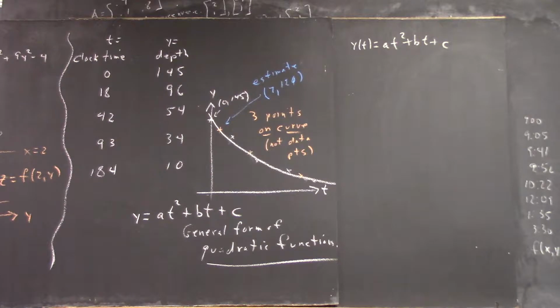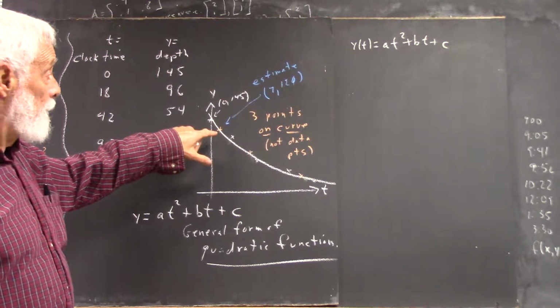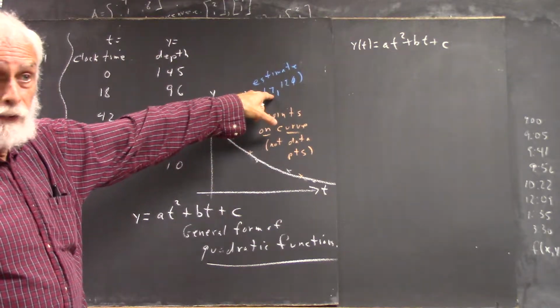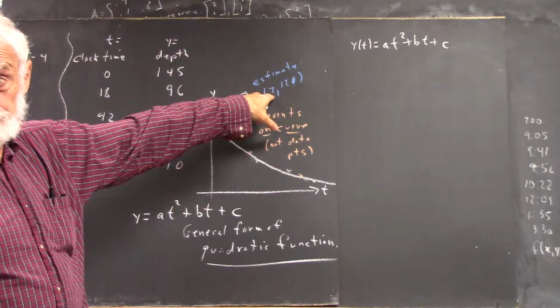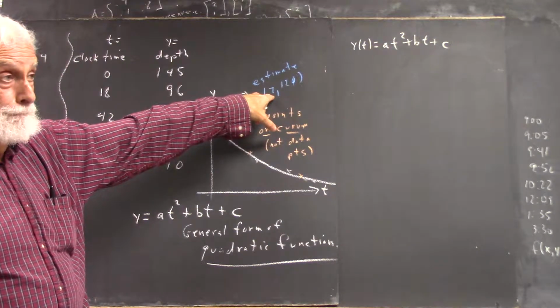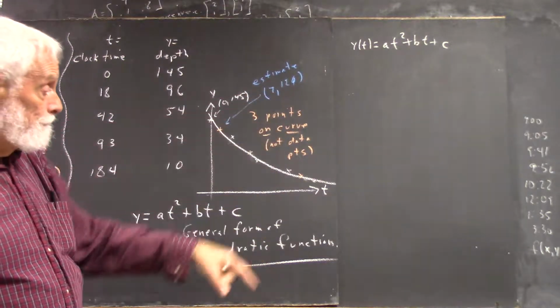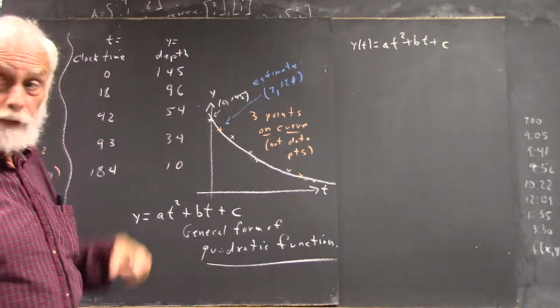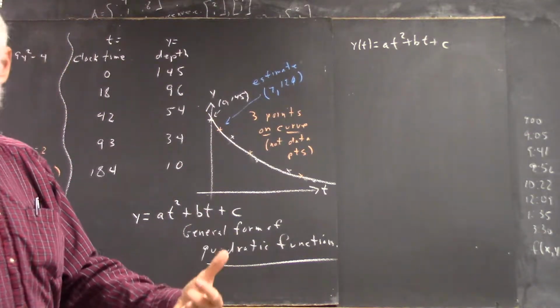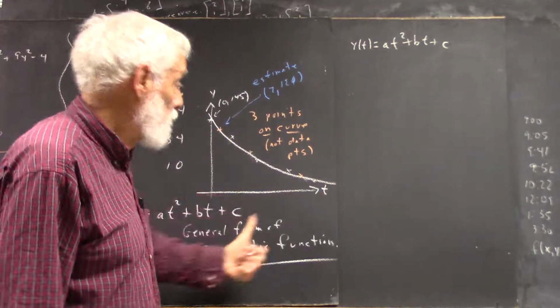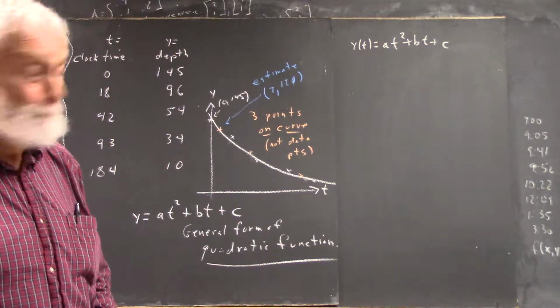Actually, we don't have to square it, okay? Now, 7 is what? Is that y or is that t? First coordinate of a point on this graph. That's a t, right? First coordinate, second coordinate, okay?